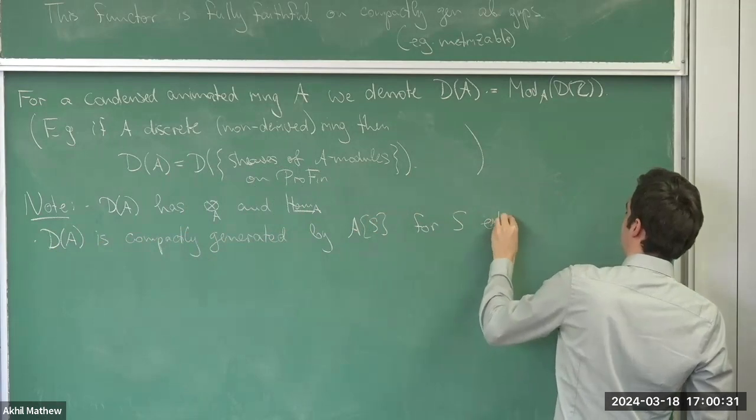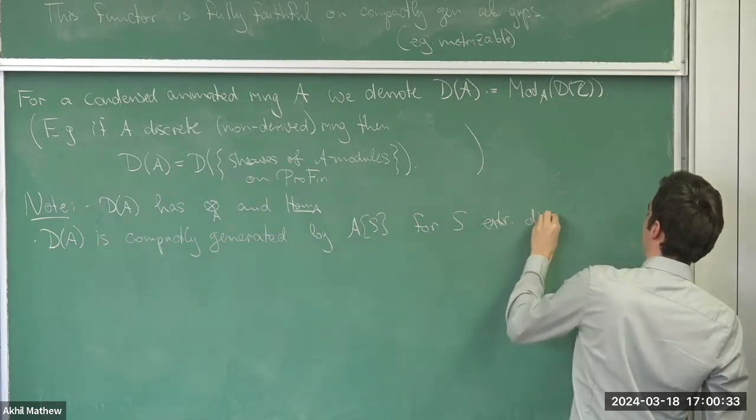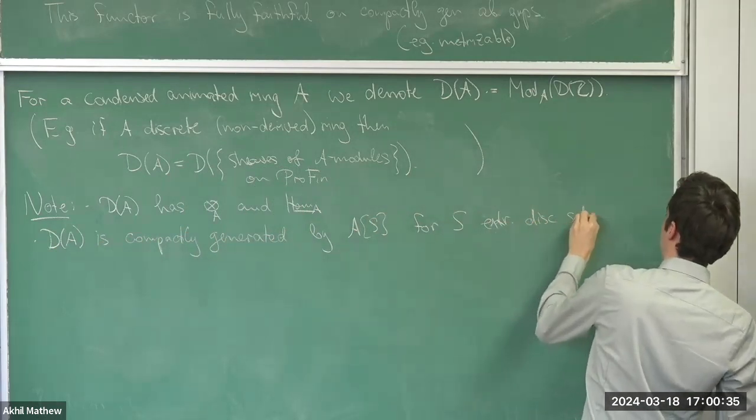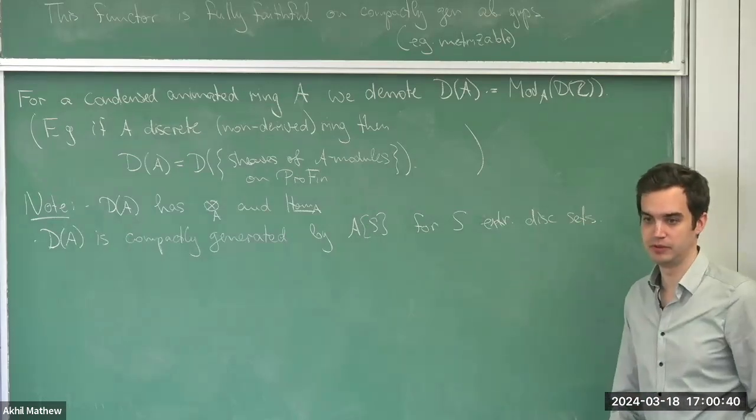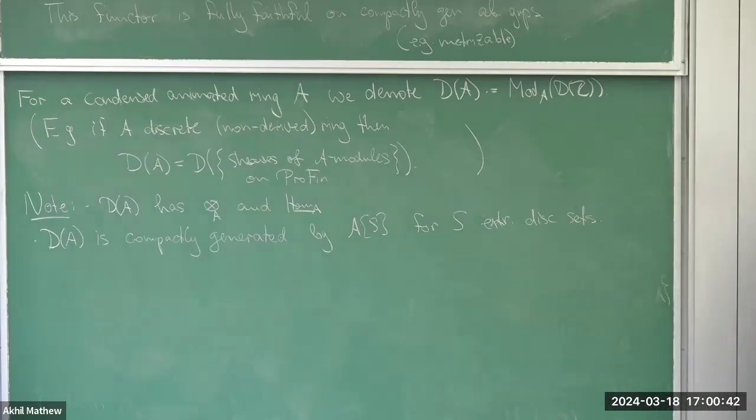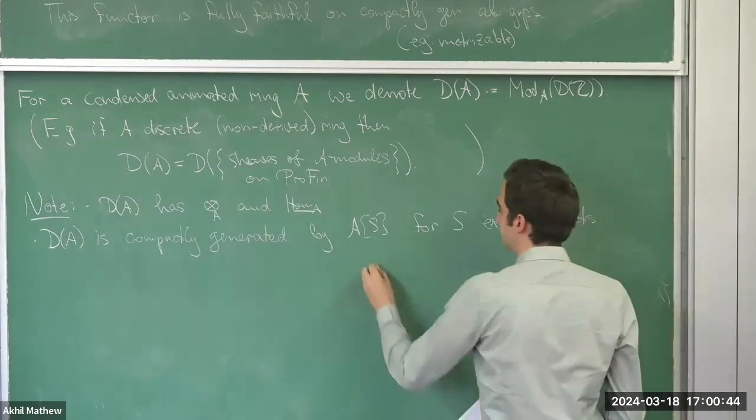For a certain special class of profinite sets, like the disconnected sets. Maybe I don't want to go too much into detail about what A[X] is.